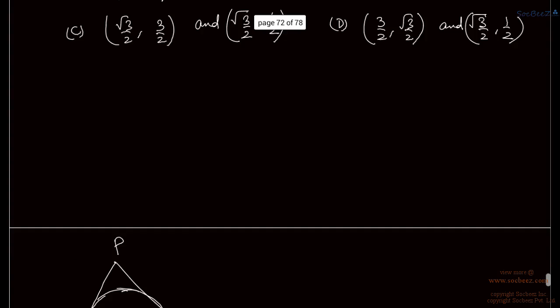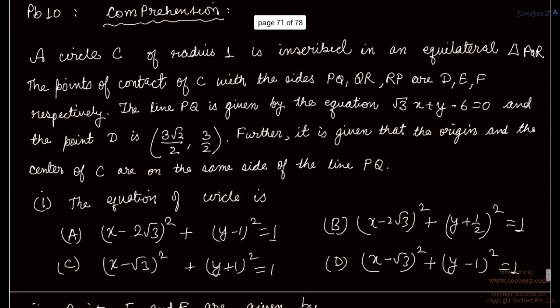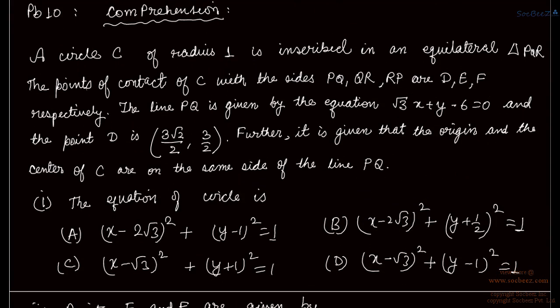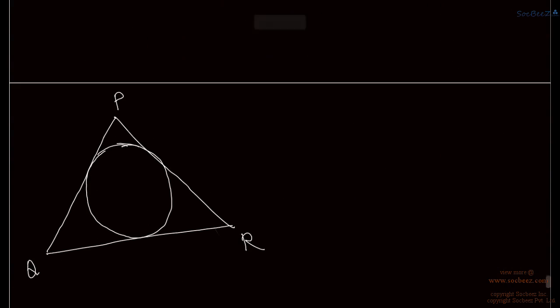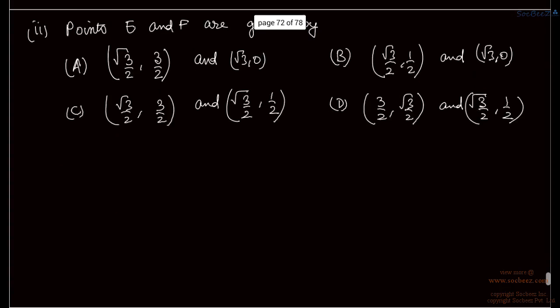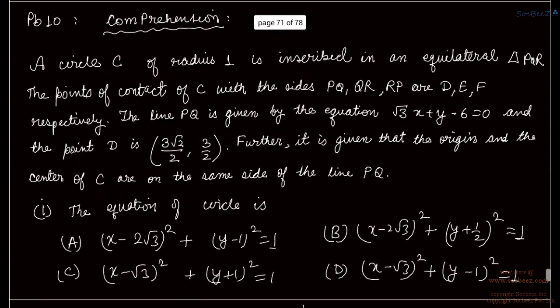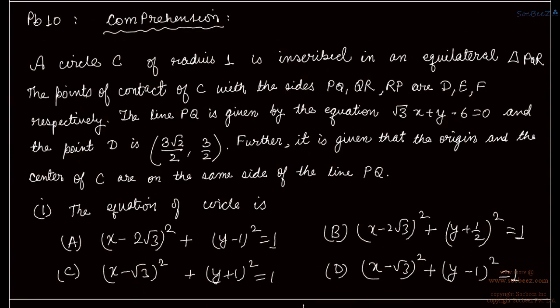This is our circle which is inscribed inside the triangle, and its points of contact are given as D, E and F. D is with PQ, QR and RP respectively. So these are points D, E and F.